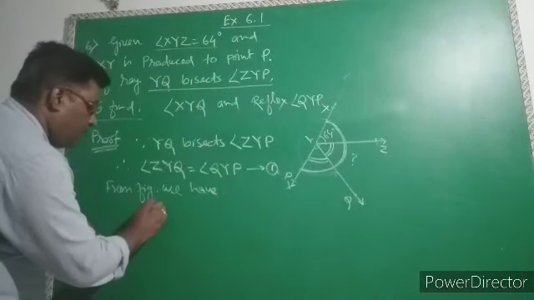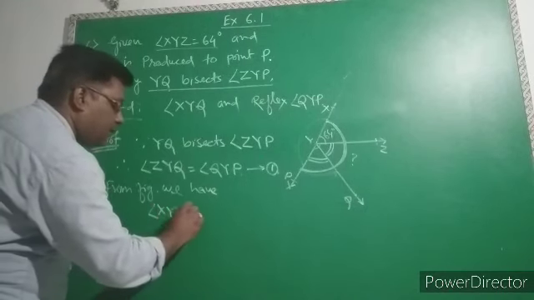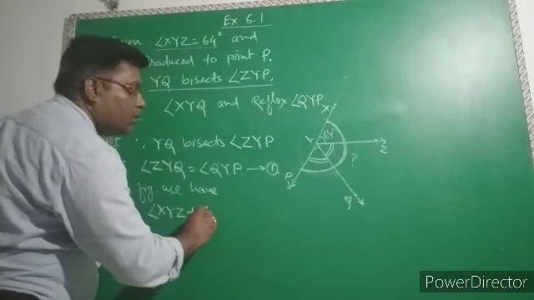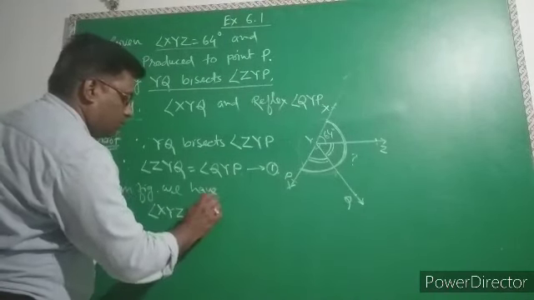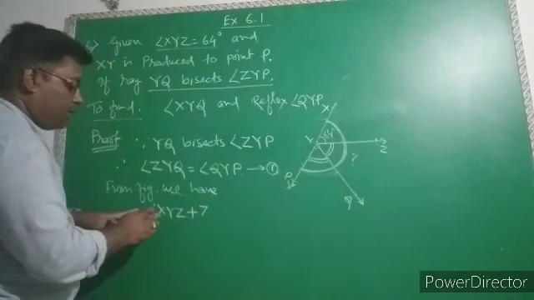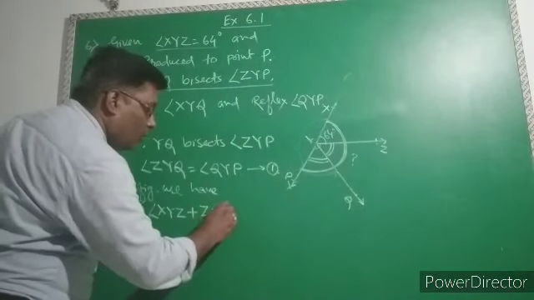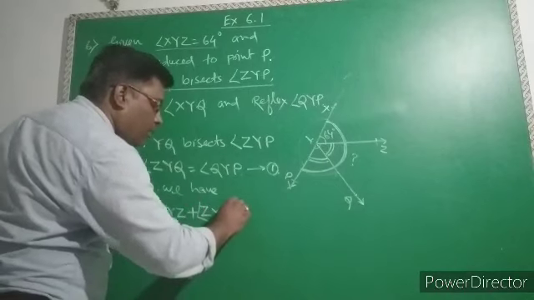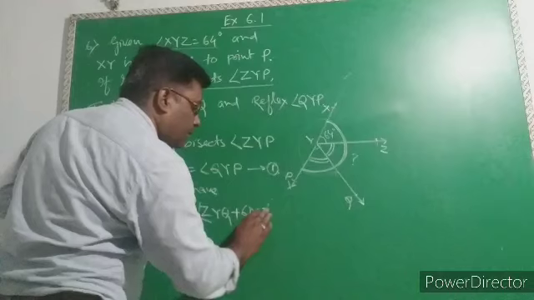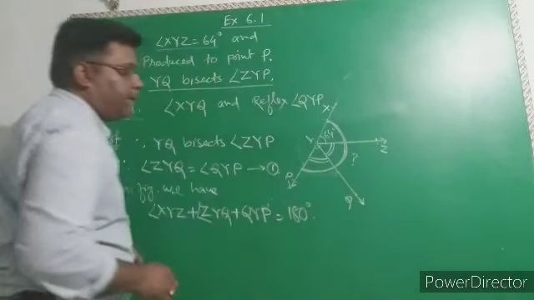So we have angle XYZ plus ZYQ plus QYP is equal to 180.